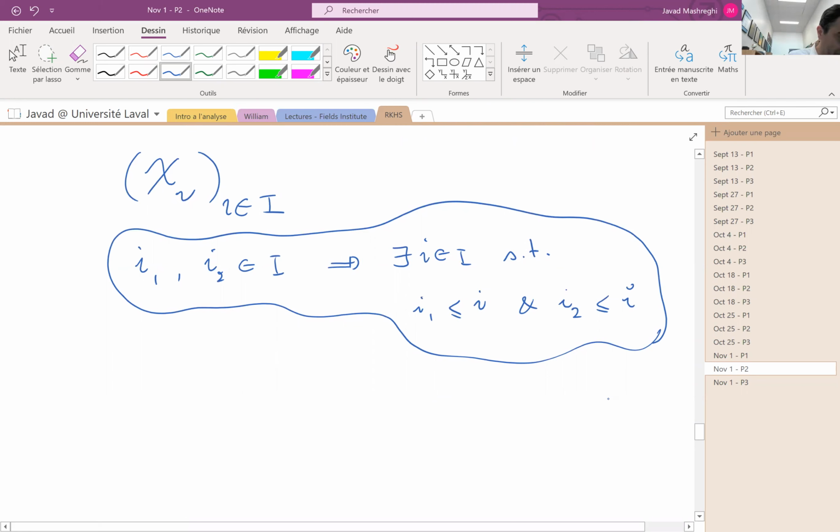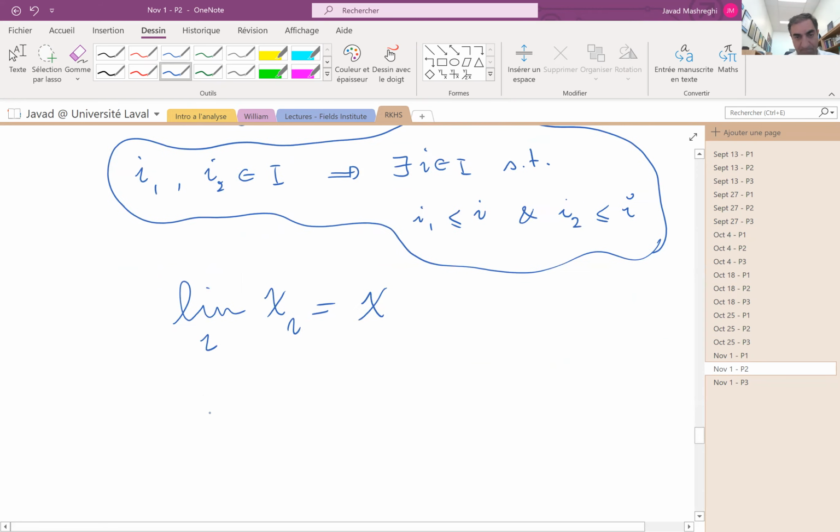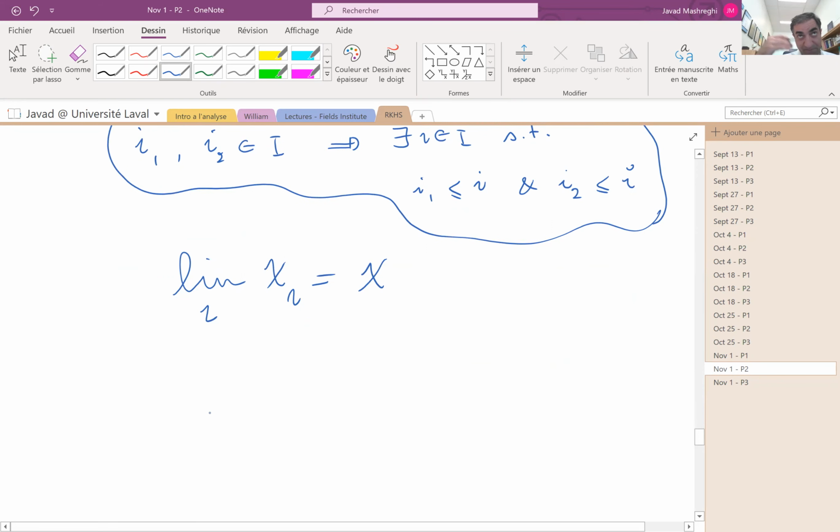And what does convergence mean? What do we mean by the limit of x iota, as iota goes on, is equal to x? This means, I mean, the epsilon-delta definition that we have before, it's written like this here.